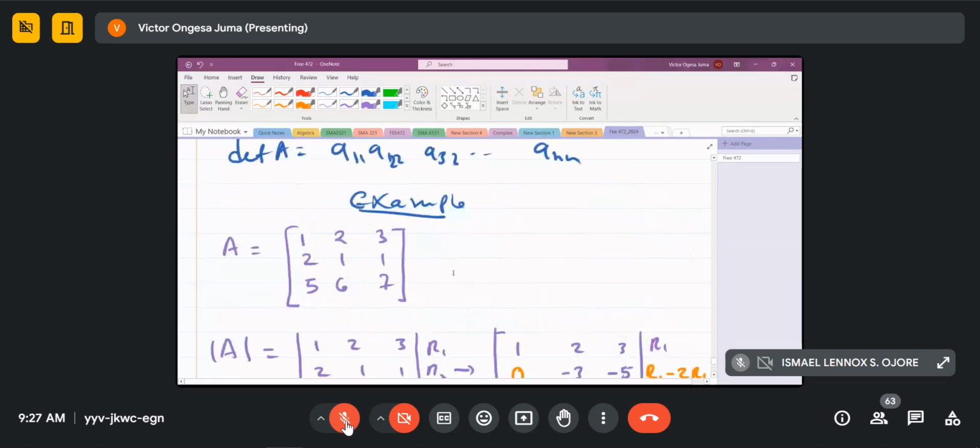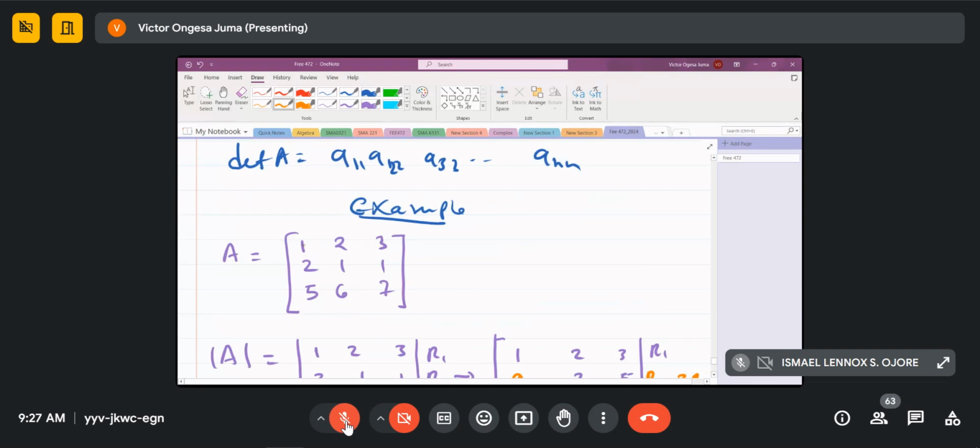But let us see directly. That is 1. I have 7 minus 6, that is 1. That's negative 2. So minus 2 into minus 5. What's 14 minus 5? That's 9, right? And then plus 3.